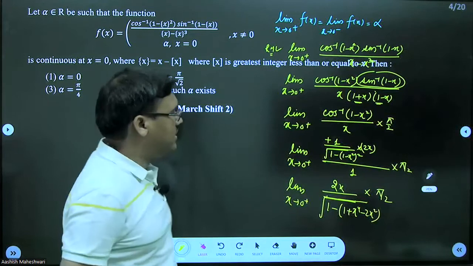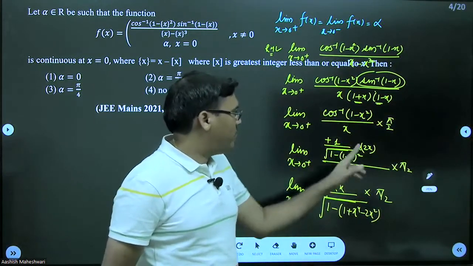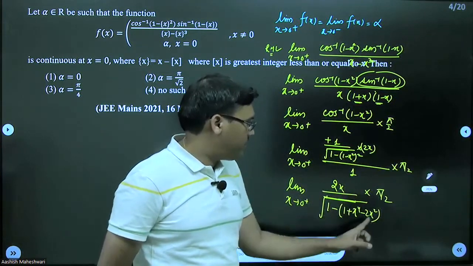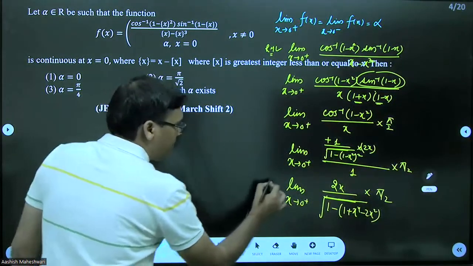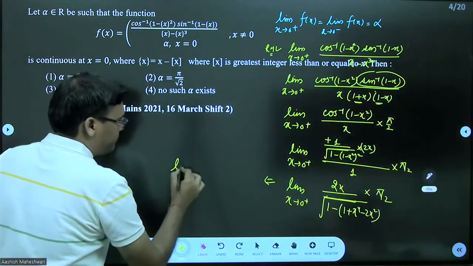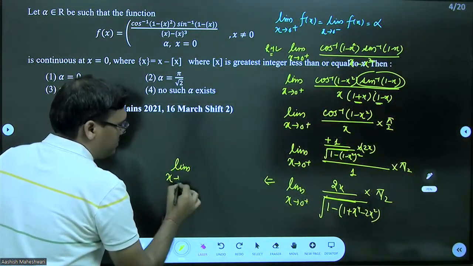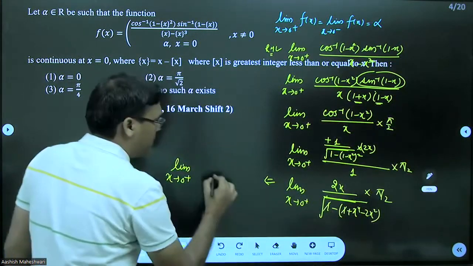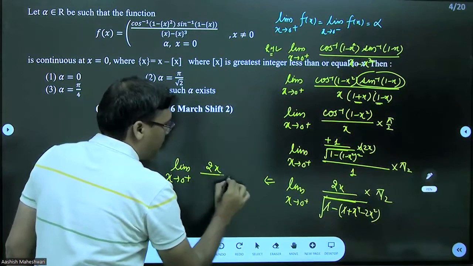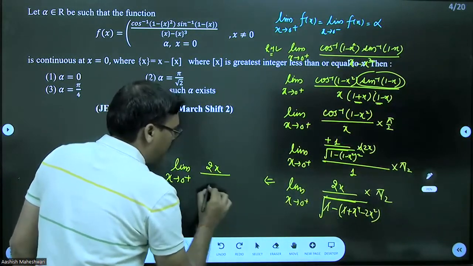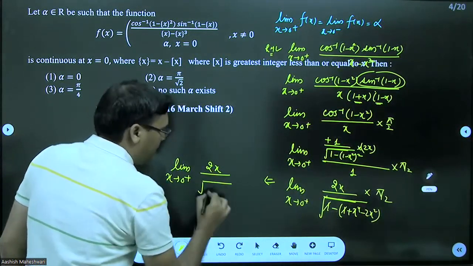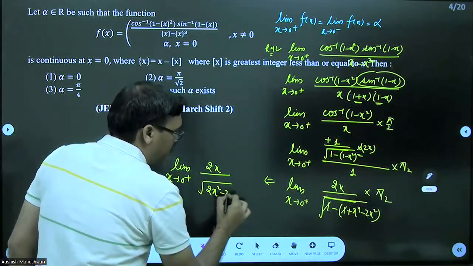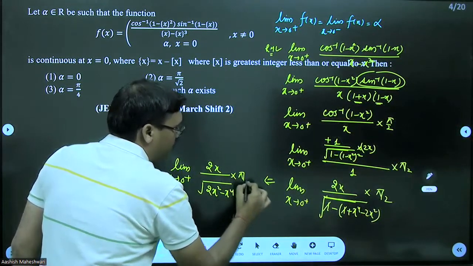Check the calculation once. This is 2x, minus minus became plus, and this is 1 minus x raised to 4 minus 2x square. Okay. So now you can see this is limit x approaches 0 plus, the 1 and 1 cancel. This will become 2x upon under root of x raised to 4, that is minus 2x square minus x raised to 4, into pi by 2.